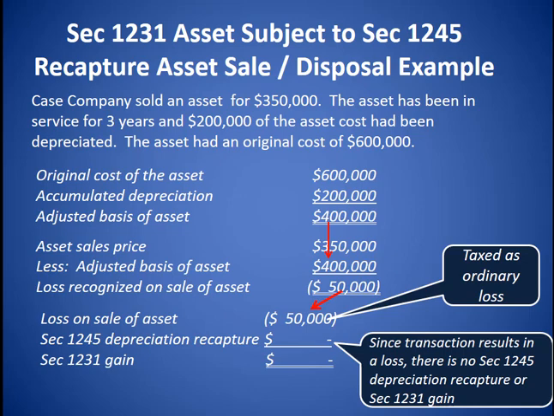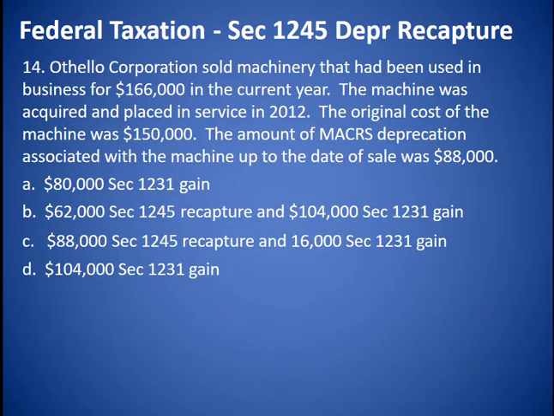So now let's go on to a question or two about depreciation recapture. Othello Corporation sold machinery that had been used in business for $166,000 in the current tax year. The machine was acquired and placed into service in 2012.